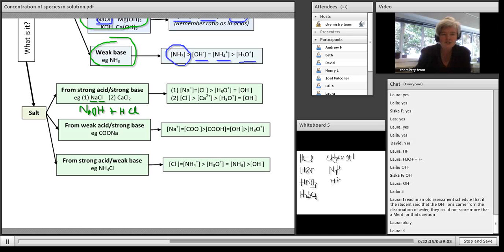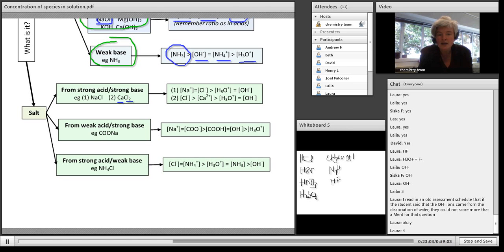Now, if you've got a strong acid, strong base, then you've got a salt from a strong acid and strong base. Then the only trick is if you've got a ratio that's not 1:1. So like calcium chloride, or what else would you have?